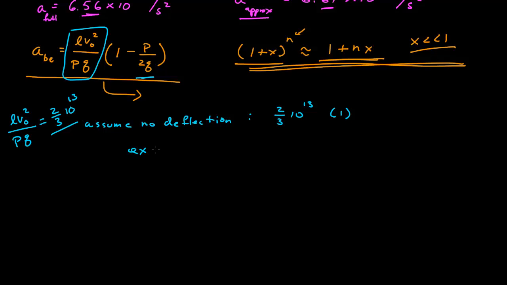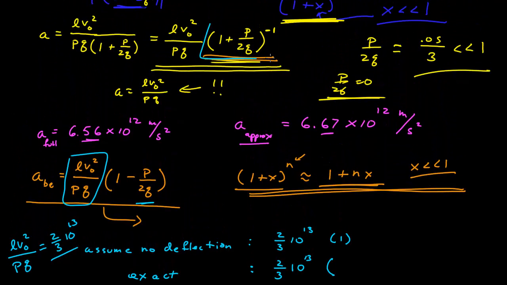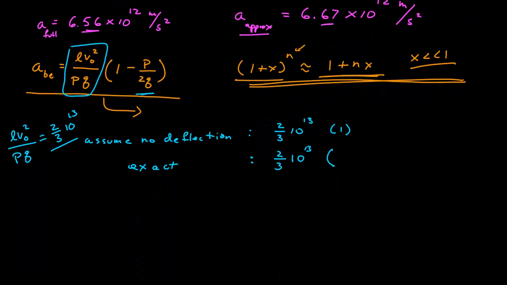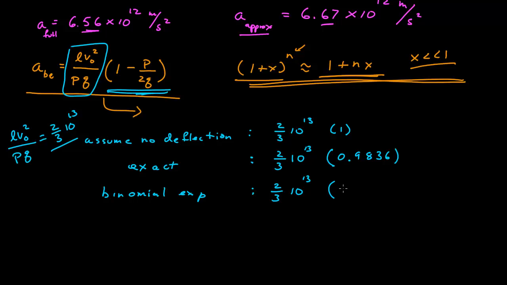Our exact expression gives us 2/3 times 10 to the 13, that same term, times this term, which, if I calculate that out, is 0.9836. Our binomial expansion then gives us 2/3 times 10 to the 13 times this expression, which is 0.9833.